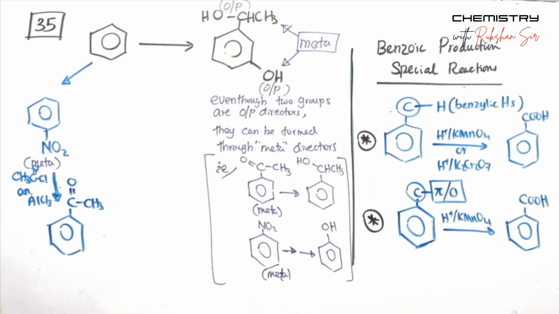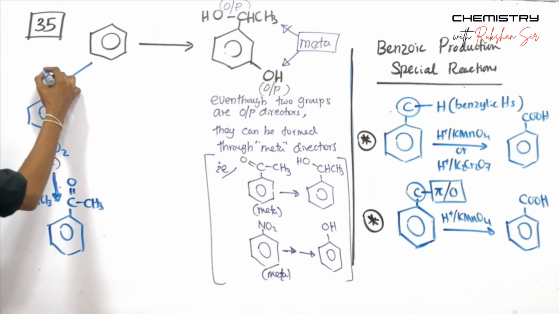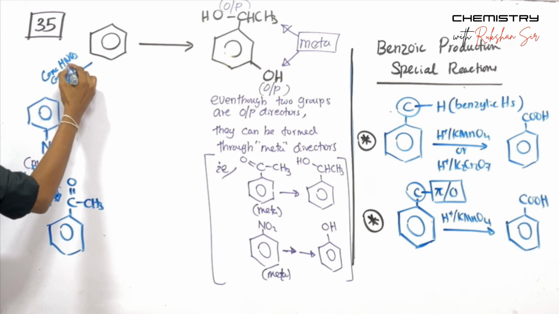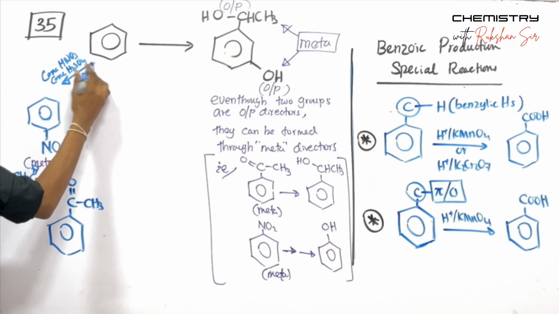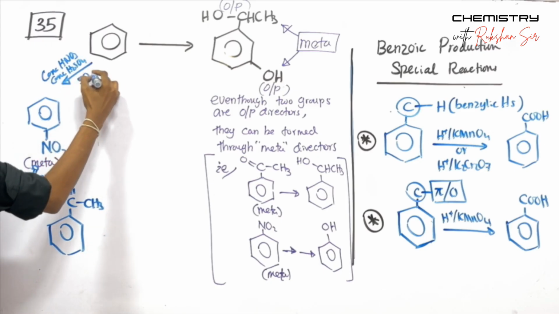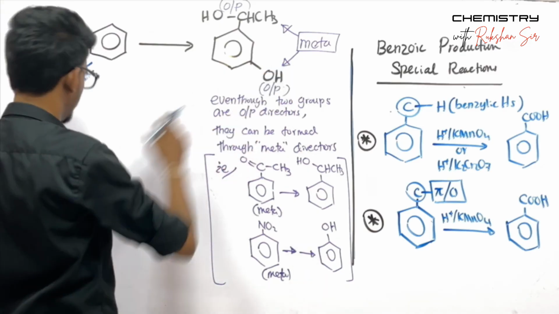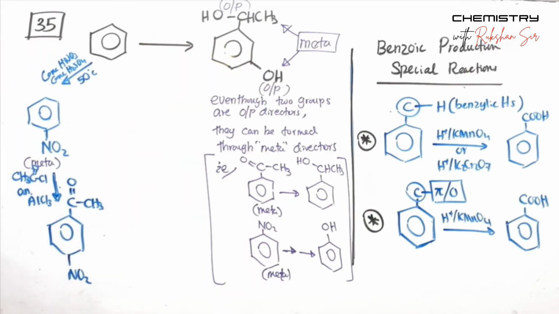Alright, acylation. This is just nitration, 50 to 60 Celsius is needed. So NO2 is still there. Then we convert NO2 to OH.